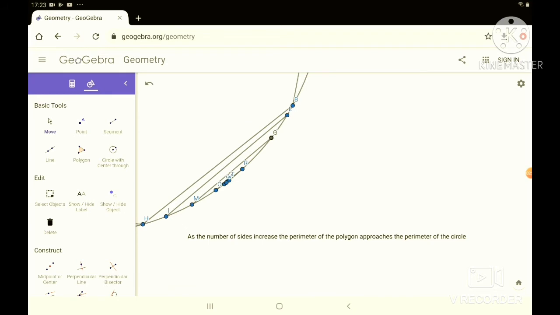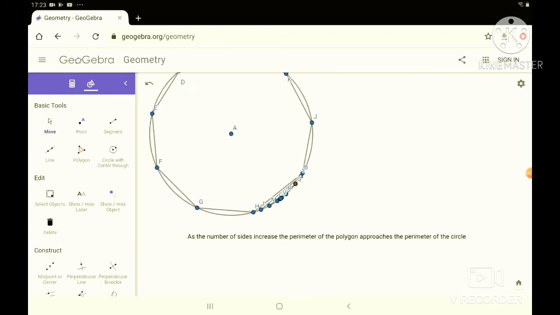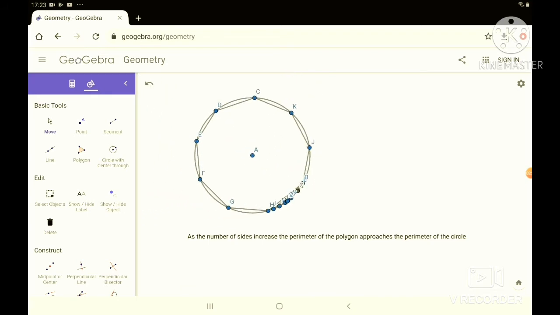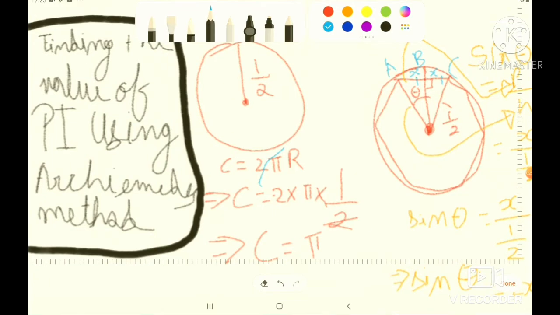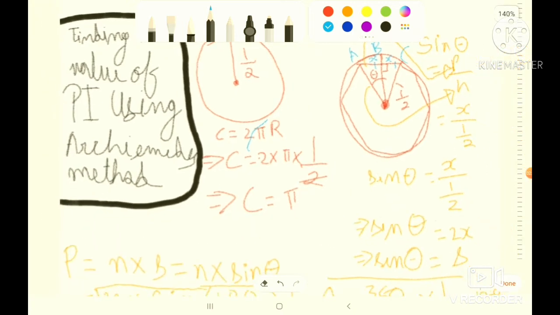So what if we somehow manage to make the value of the perimeter equal to pi? Nice, right? So here's how we can do it. Here I took a circle having a radius of half a unit.